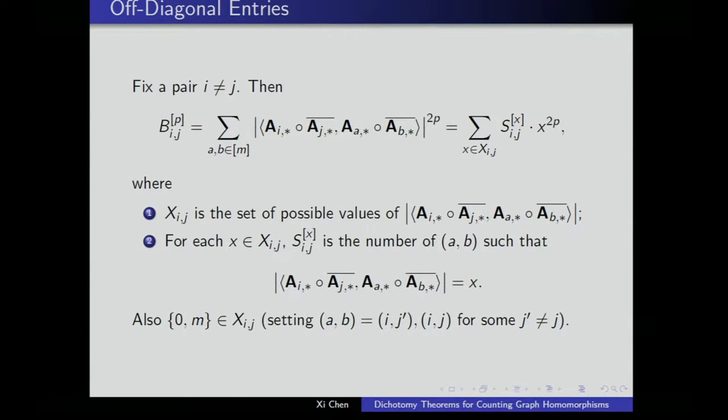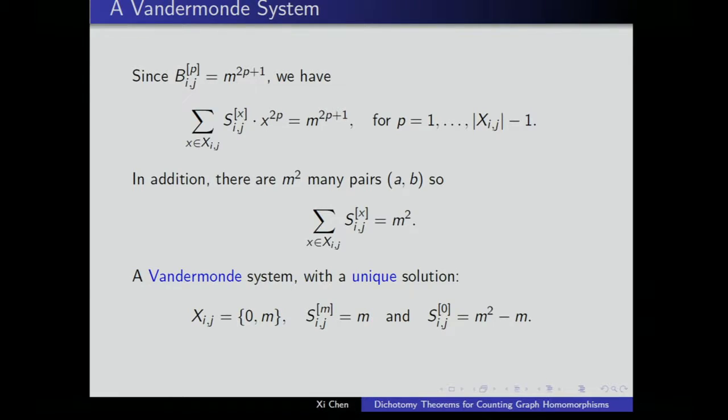So even though I don't know exactly what is in X sub ij, I know 0 and M are two of its elements. And it turns out this is enough for us to figure out what exactly X sub ij is.